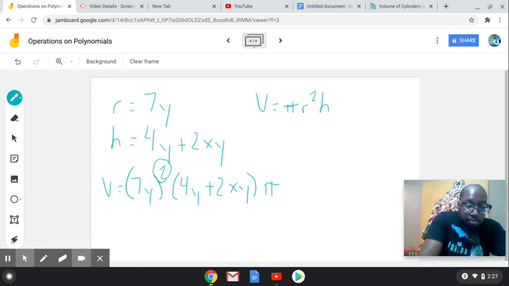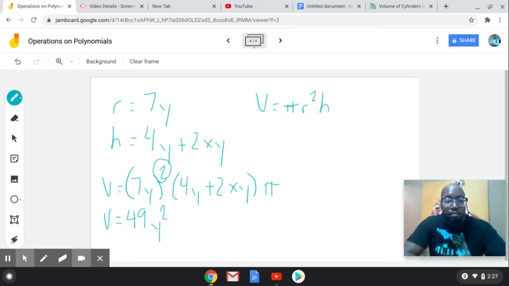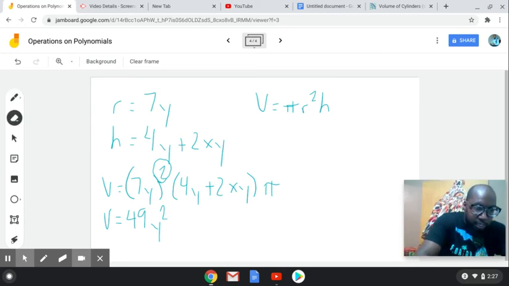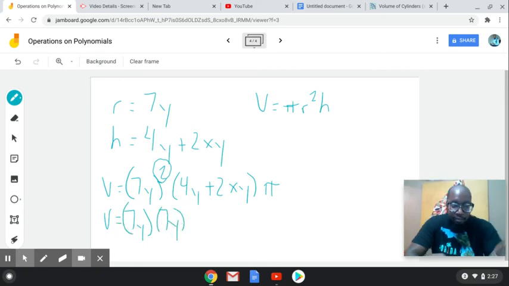So this is now going to become V equals 49, because 7 squared is 49, y squared, okay? And if you didn't understand the reason why that changes to that, it is because if I have 7y squared, what I'm really doing is taking 7y and multiplying it by itself. 7y squared is the same thing as saying 7y times 7y, all right?